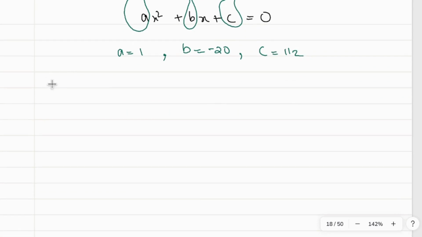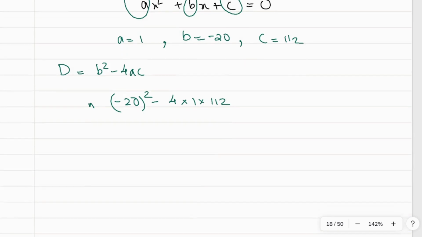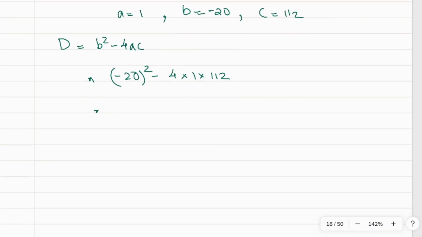Therefore, I can find my D now. D equals b square minus 4ac, which is equal to minus 20 the whole square minus 4 into 1 into 112. So how much will I get? Which is equal to 400 minus 448, which is equal to minus 48.